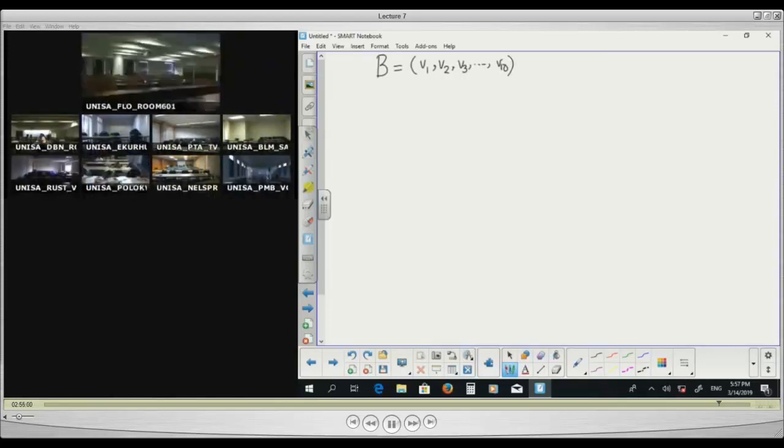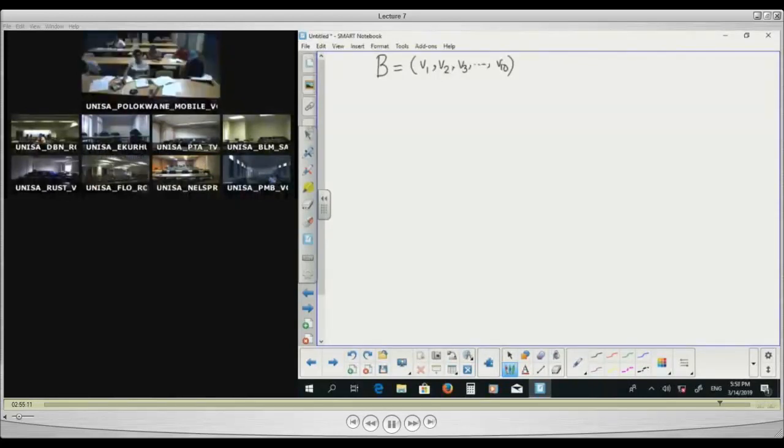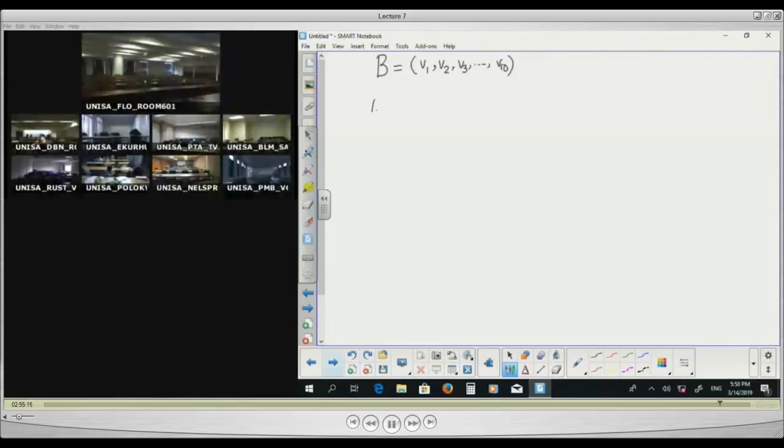If the answer is yes, then it's a linearly dependent list. So what happens if V2 is 0? Wait, I'm coming. So if the answer is no, I know that V1 is not equal to 0, so I then go to the question if V2 is 0.